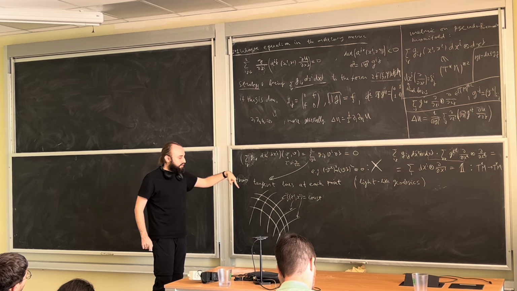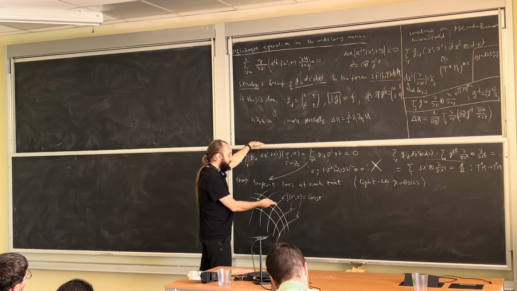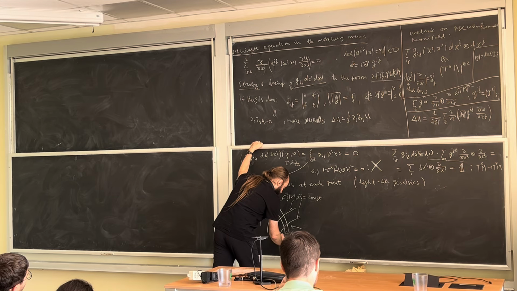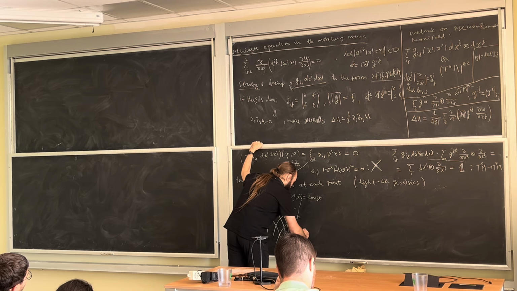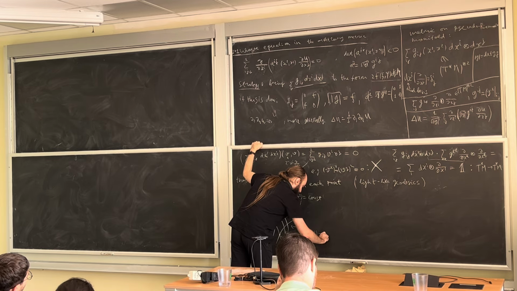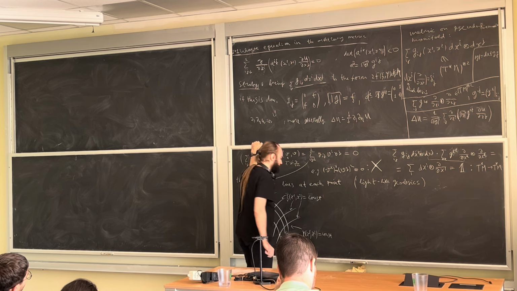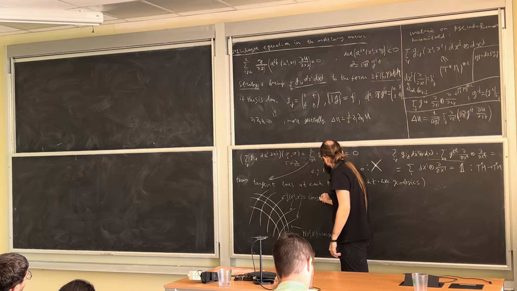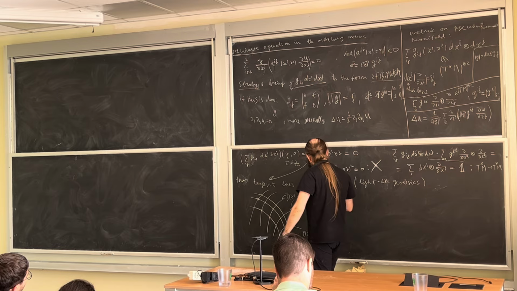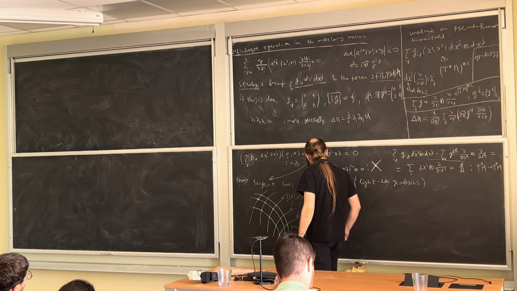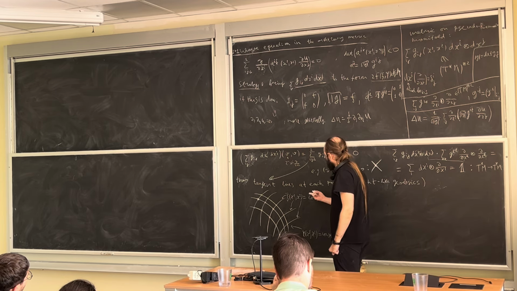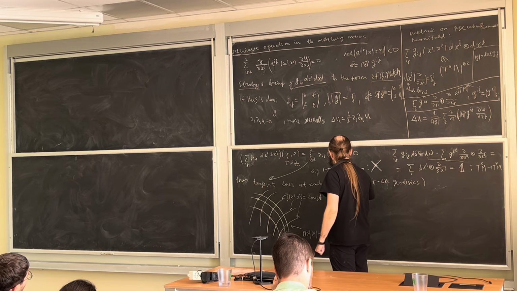And the second family is described by some eta of x1 and x2 equal to constant. So xi and eta are our desired functions, our desired coordinates.